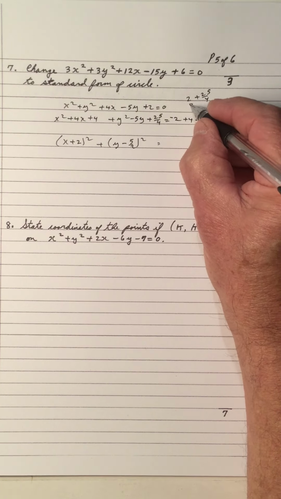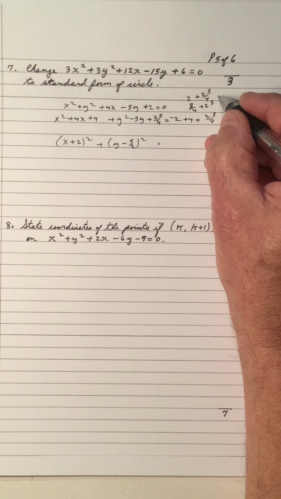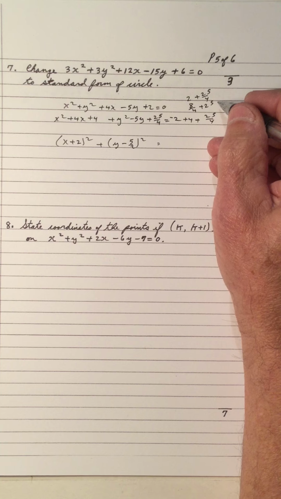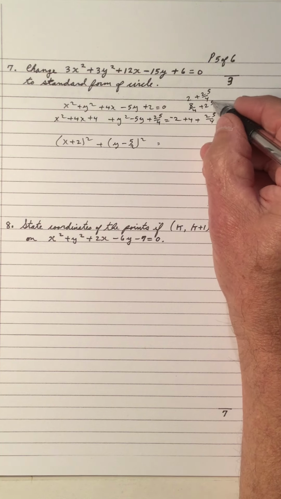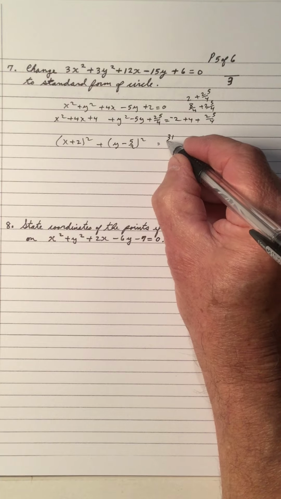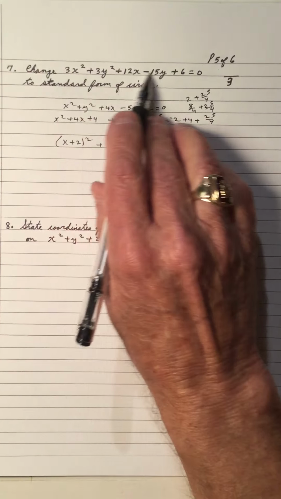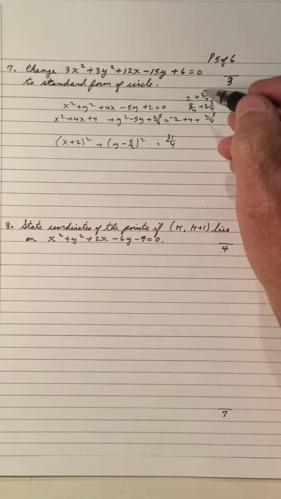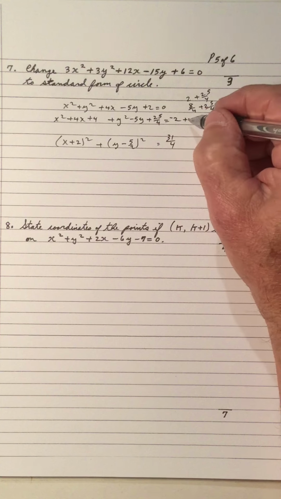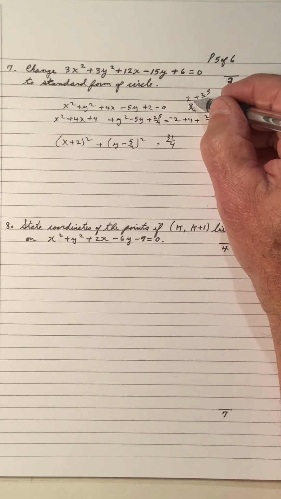So that's 8 over 4 plus 25 over 4. And so that gives us 31 over 4. So that's the equation that represents that general form. And again, just to make sure, I added 4, added the 25, there's a 2, 8 over 4.